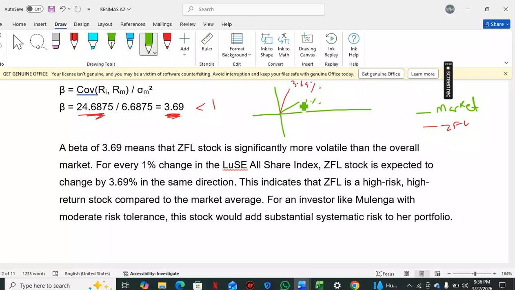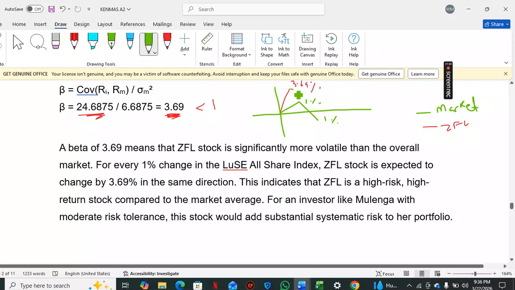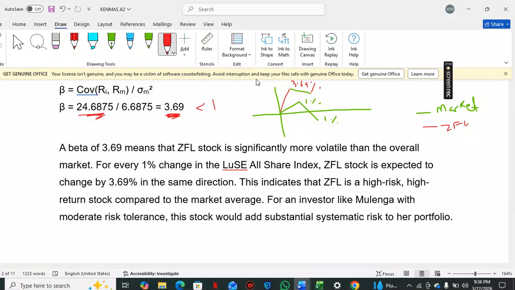And if the market drops by 1%, ZFL is going to drop at a greater rate, by 3.69%. So these shares are risky in simple terms. They've got a high risk for ZFL.